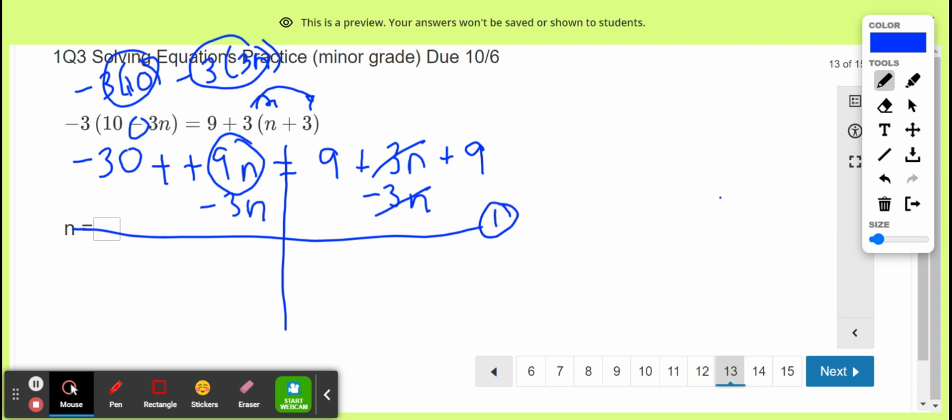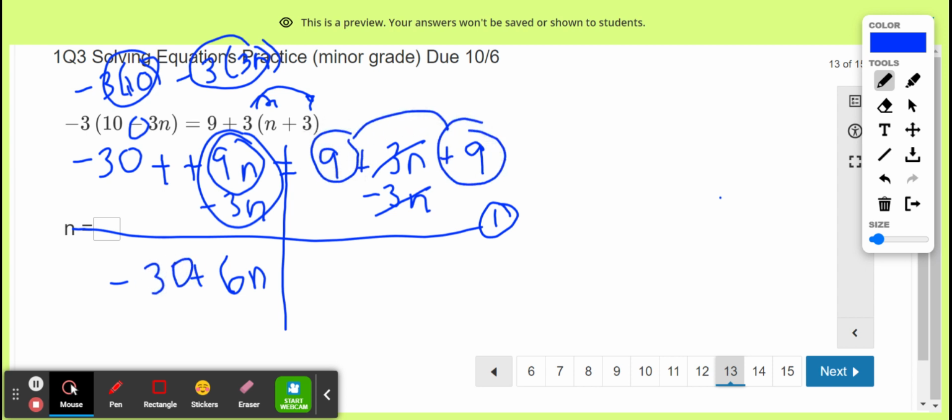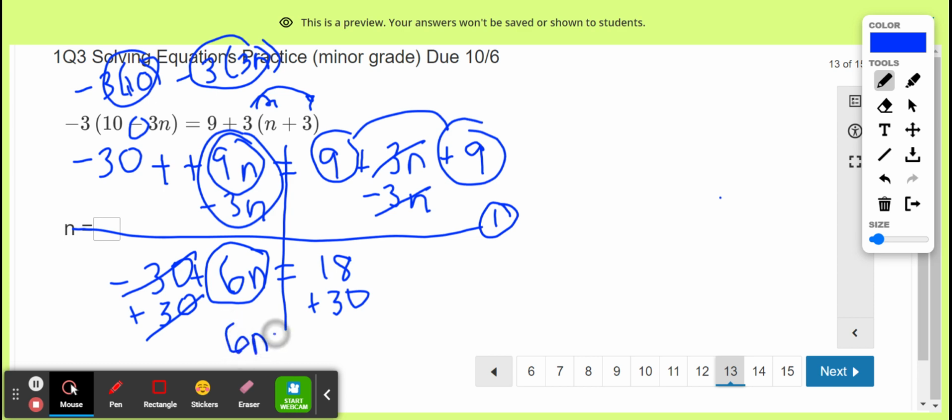And let's see, we are left with 9 minus 3n, we have 6, negative 30, and then we have 9 plus 9 on the right side, and we're left with 18. We're going to add 30 to both sides. Now we canceled the negative 30 on the left. So we're left with 6n, which is equal to 48.